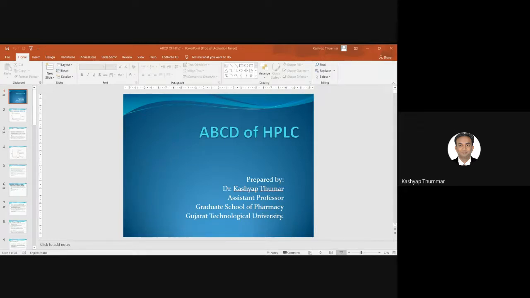Among the basic terms and concepts, we frequently hear names like peak height, peak width, retention time, adjusted retention time, chromatogram. What is the meaning of these? We need to learn all of them because these terms are frequently used in these techniques, so we need to go one by one.